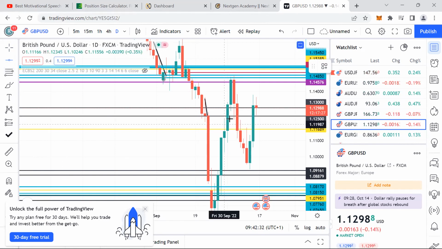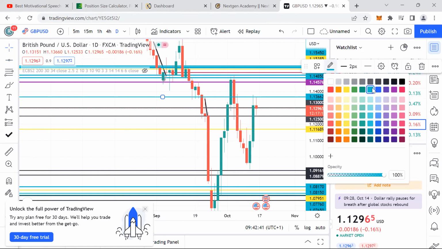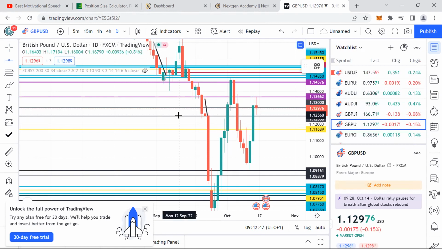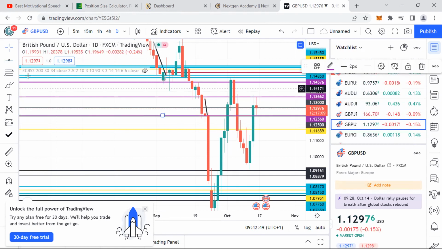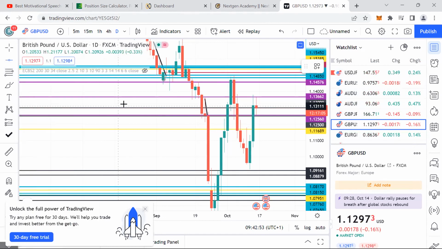So we take a horizontal line here. Now, if you're not so conversant with trading, after this class just take your time to learn it. It's not that difficult. Everything in trading is practice. The more you practice, the better you become.